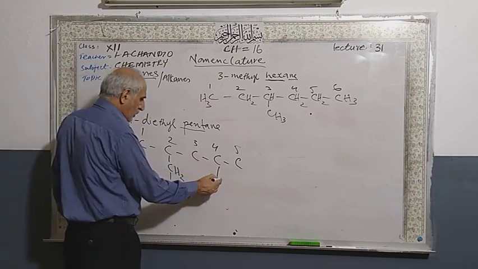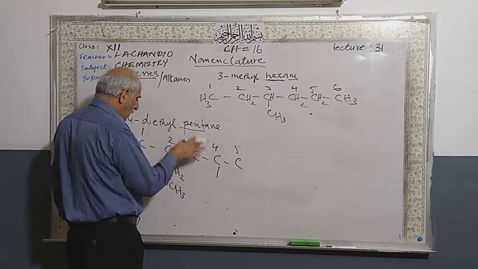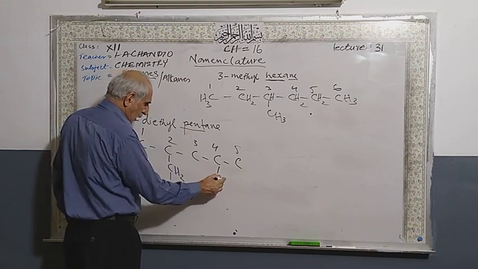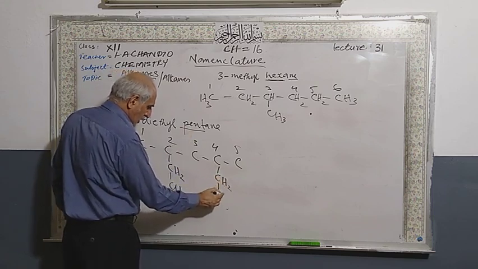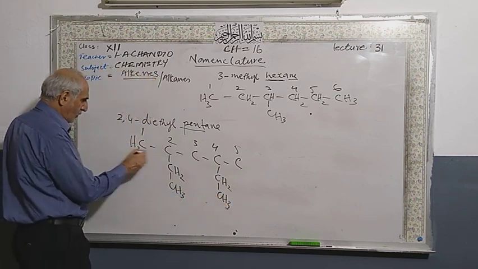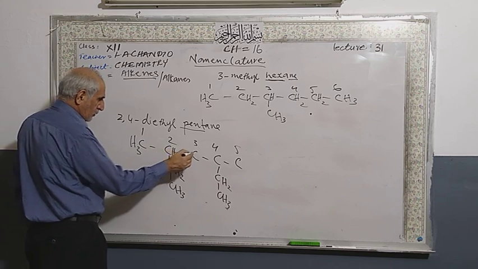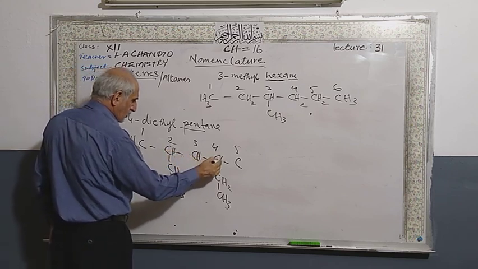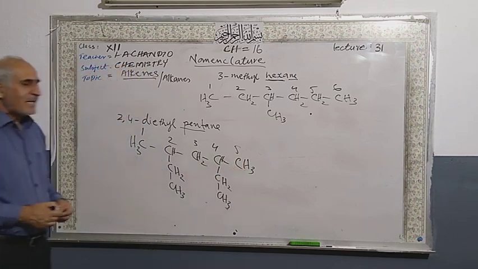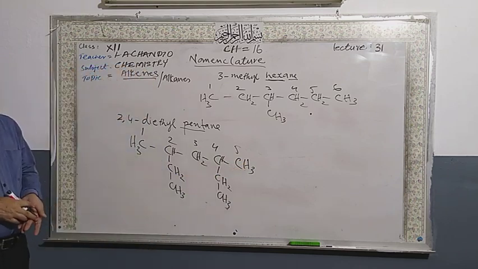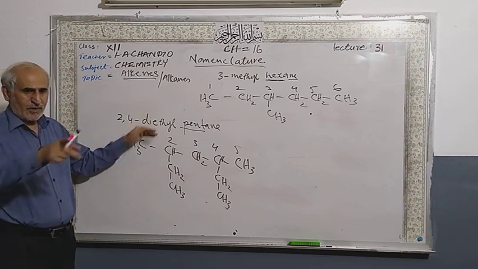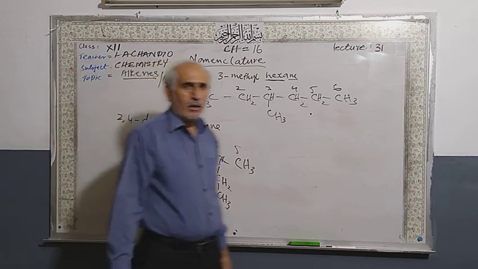On 4, you can put one if you have space. CH2, CH3. So this is the structure of the organic compound which is given by the examiner.